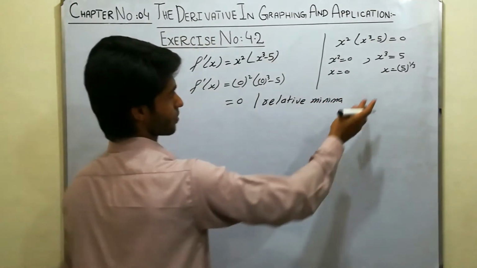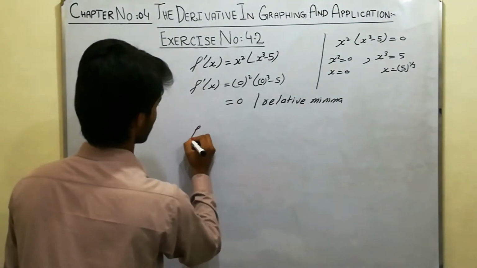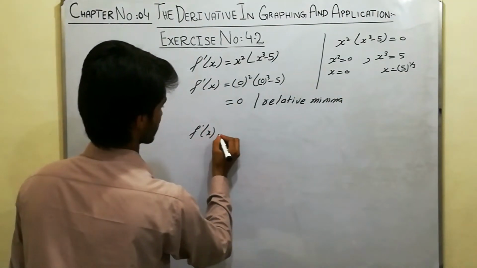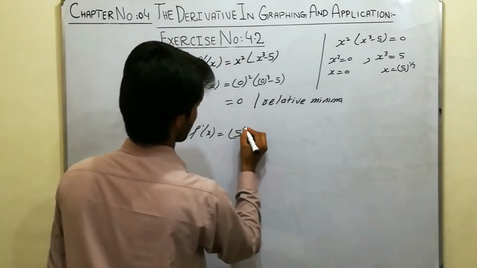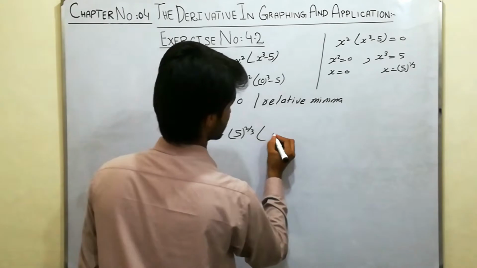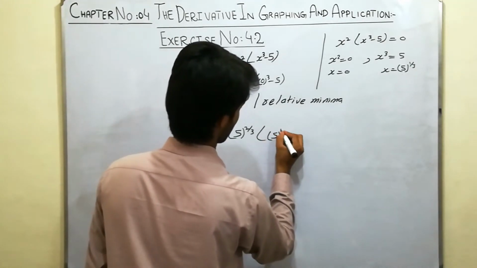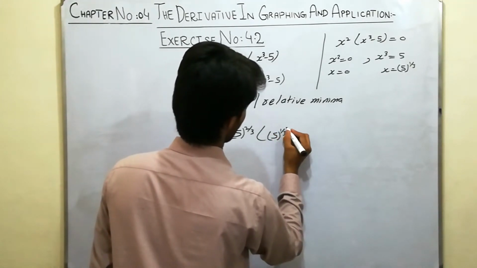Next point is x is equal to 5 to the power 1 by 3.